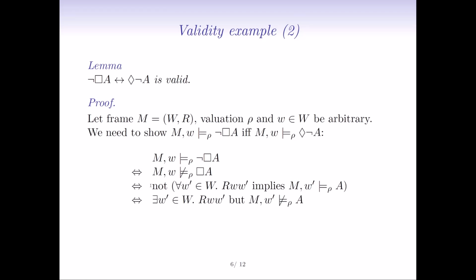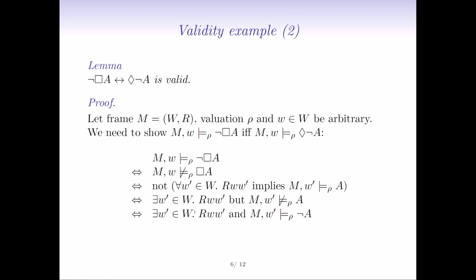To say that A is not true at all accessible worlds is exactly the same thing as to say there is some accessible world where A is not true. So there is a W prime which is accessible, and A is not true there. So there exists a W prime such that R W W prime, but W prime does not satisfy A. And you can check that this works in both directions. This is really the main important step here.